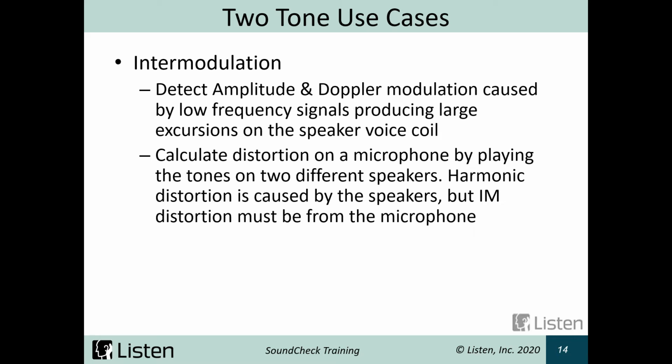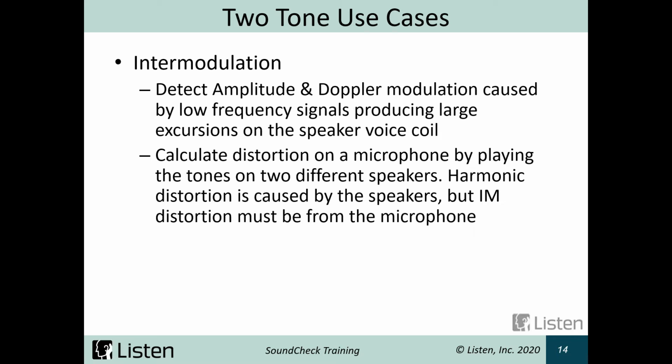What you could do instead is define an IM signal, and then instead of playing that out of one speaker, you could play the fixed tone out of a subwoofer, then play the sweep out of a full range speaker.